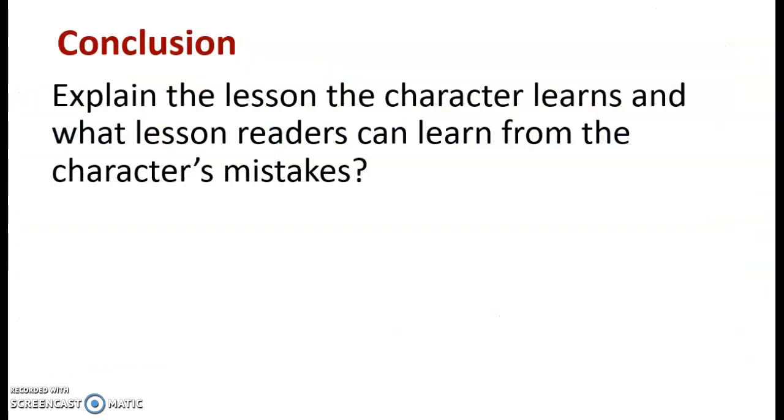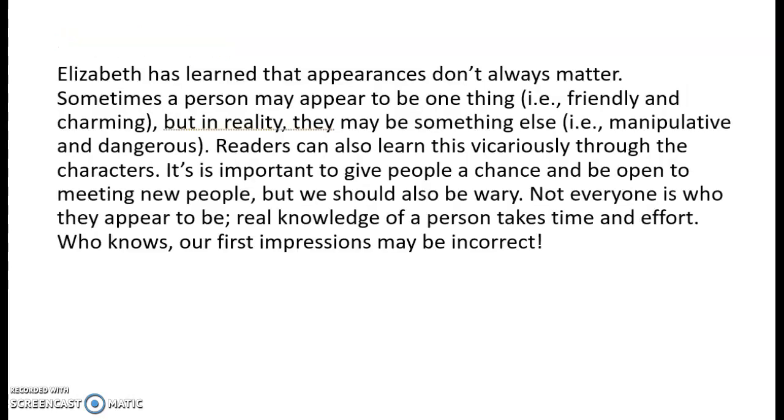Then in our conclusion, we want to explain the lessons the character learns and what lesson readers can take away from the character's mistakes. So in our example, I said that Elizabeth has learned that appearances don't always matter. Sometimes a person may appear to be one thing, for example, friendly and charming, but in reality, they may be something else, manipulative and dangerous.